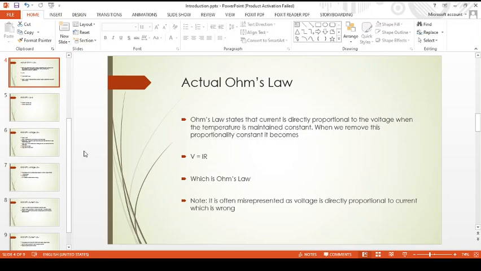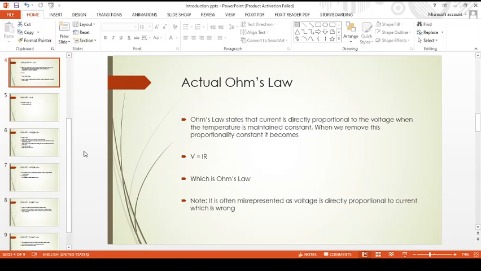Today we will continue the topic. We had already seen what Ohm's law is. Ohm's law, which I defined in my last video, states that in a resistor, or a current carrying conductor, the current is directly proportional to the voltage when the temperature is maintained constant.